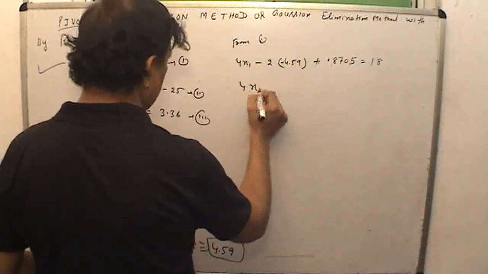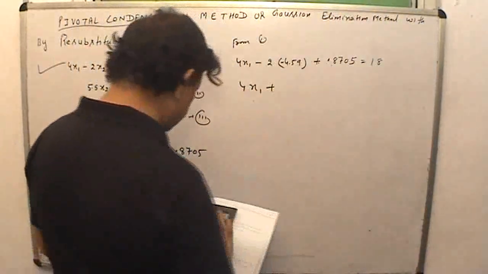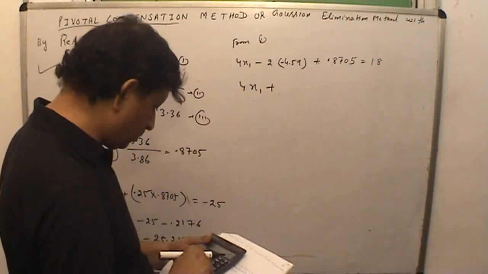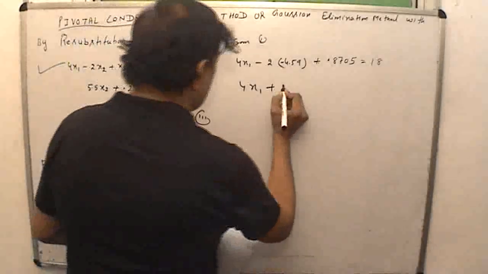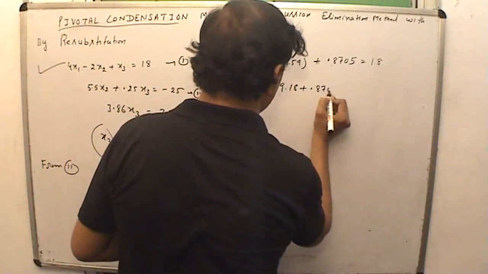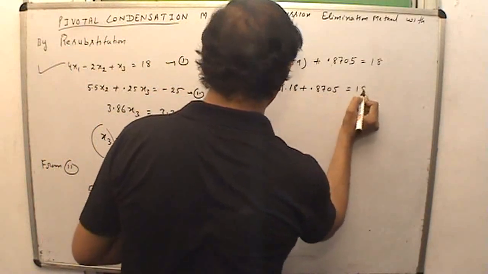That is 4x1 plus 9.18 plus 0.8705 is equal to 18.